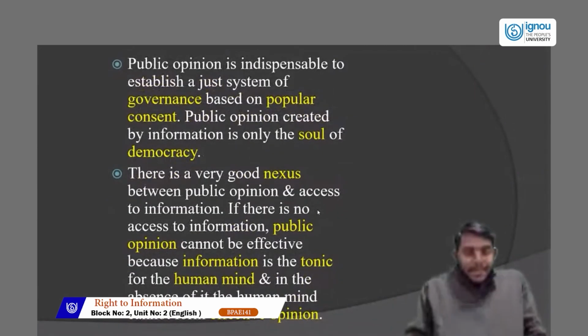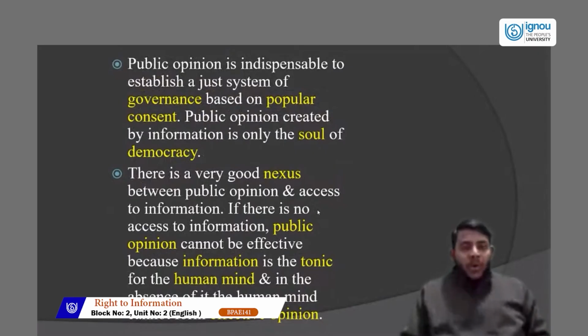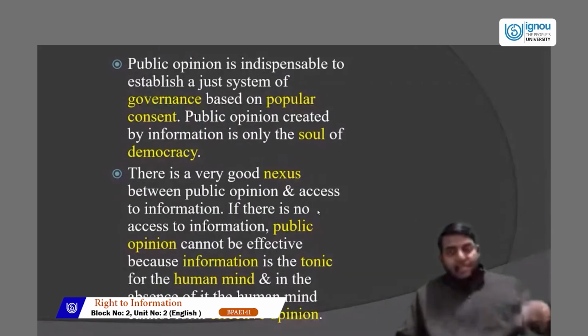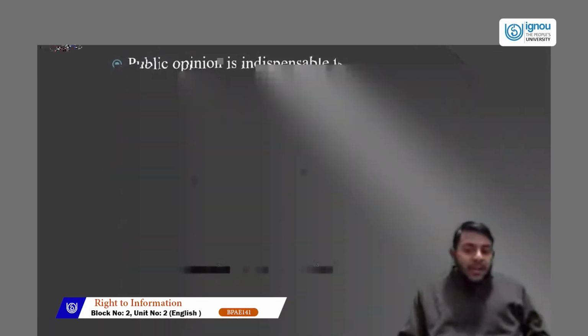So public opinion is indispensable to establish a just system of governance based on popular consent. And public opinion created by information is the soul of democracy. There is a very good nexus also between public opinion and access to information.